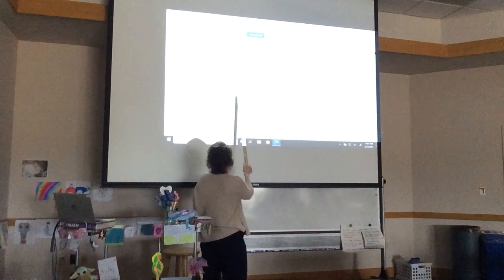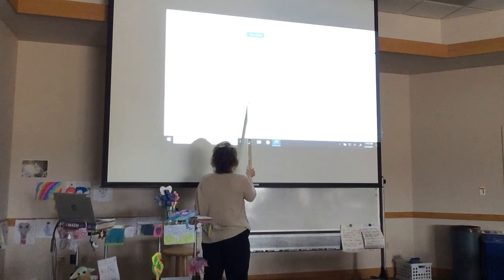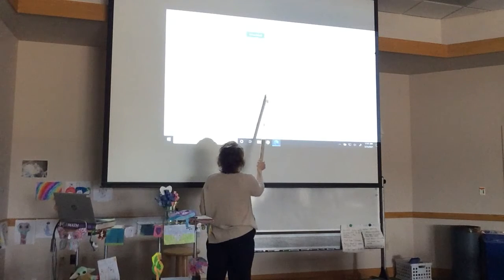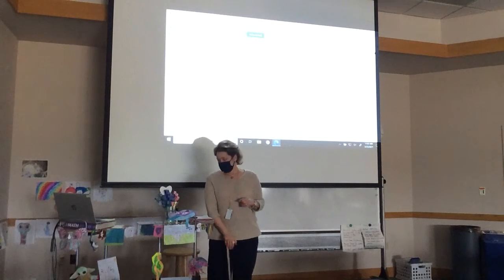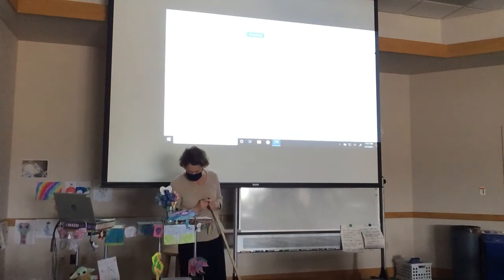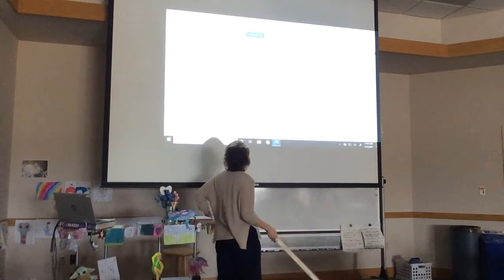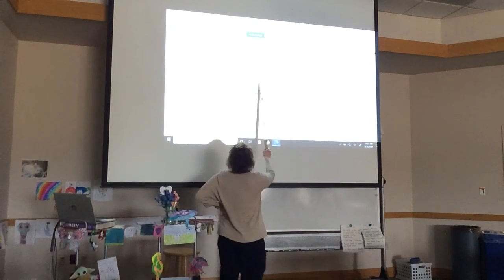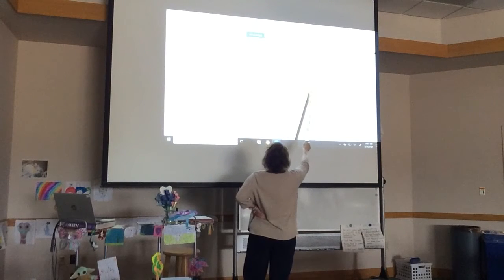So let's do so. 1, 2, 3, 4, 5, 6, 7, 8, 9, 10, 11, 12, 13. What is your denominator going to be? 13. Are you going to write that on the top or the bottom of your fraction? On the bottom. But what do we need to find? Write the fraction that shows what part the triangles are of the group.